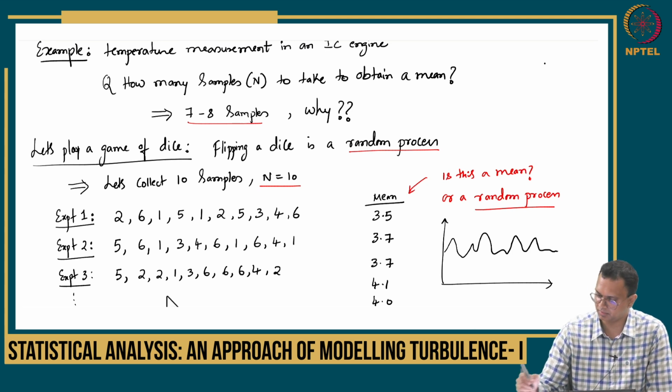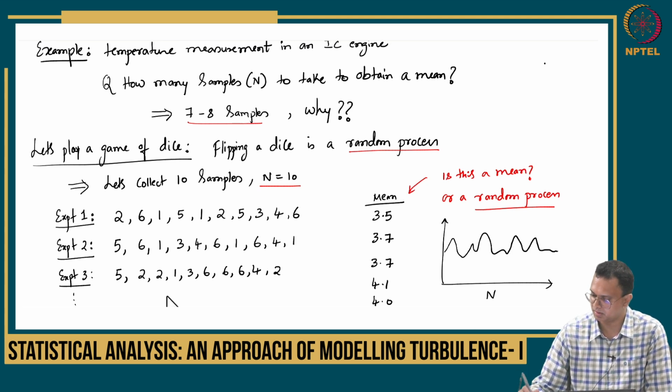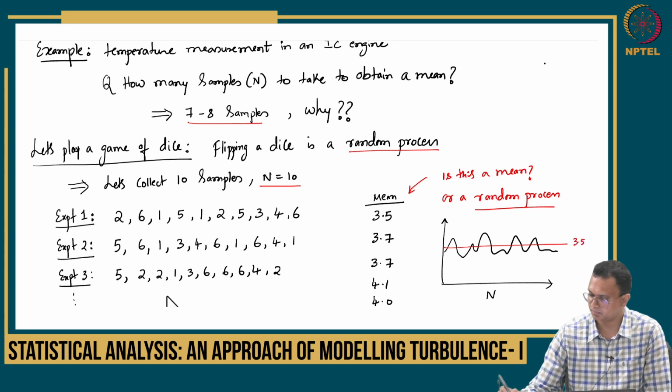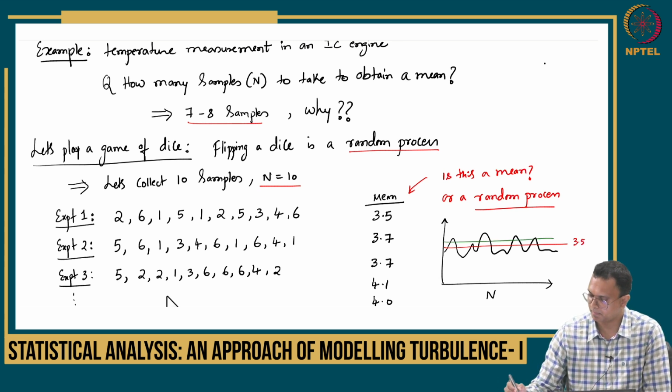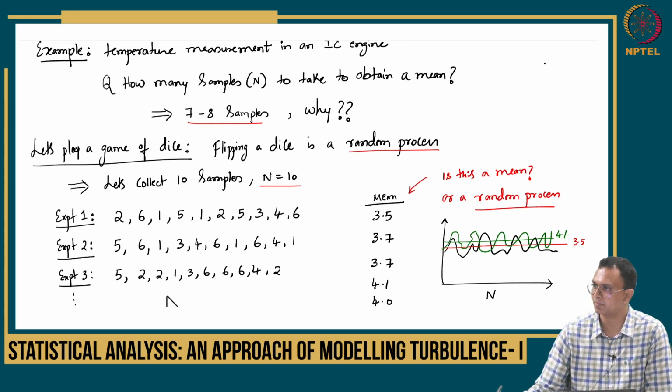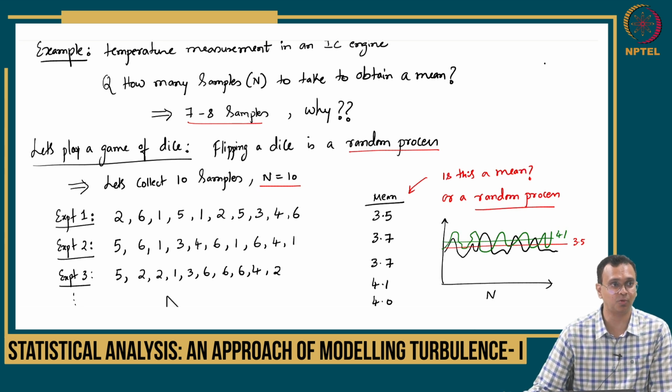You have taken 20 samples, and from 20 samples, I am getting, let's say, 3.5, and somebody else would have got, because their signal is different, 4.1, and their signal is going like this. So the mean itself is a random process here.